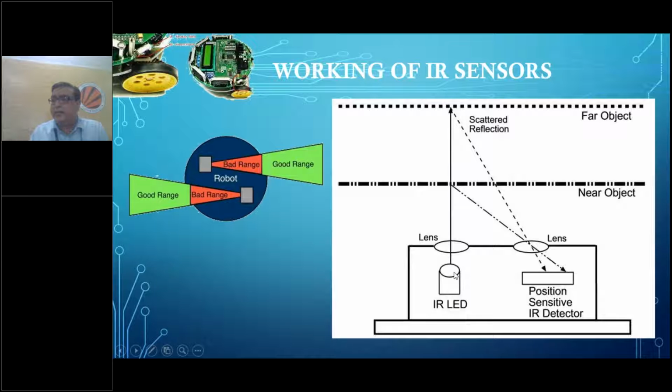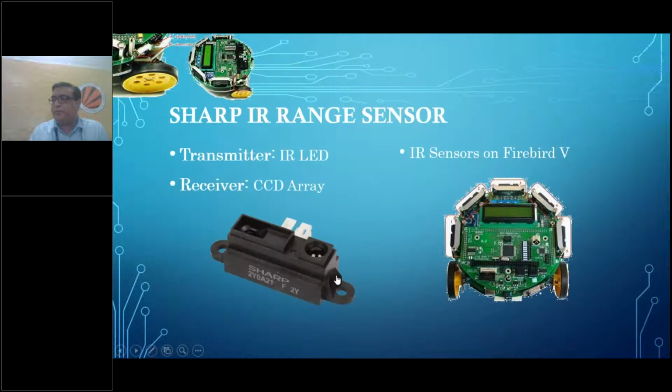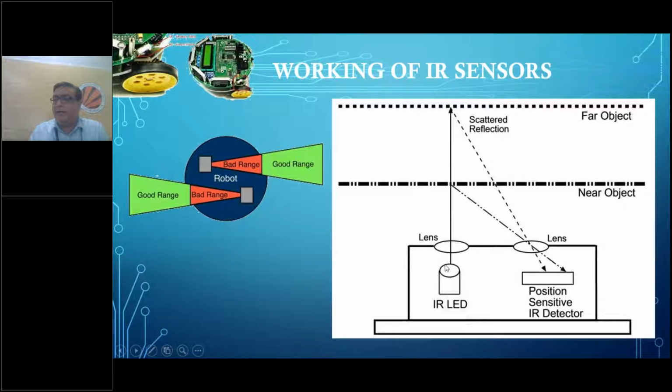How does it identify the distance? You can see from this point to that particular point, we have a distance. We can measure the distance of this line.